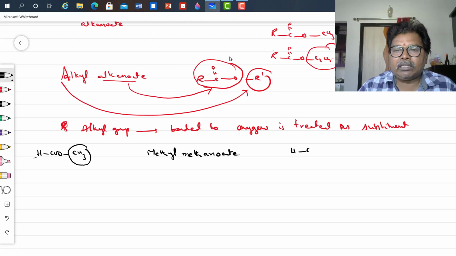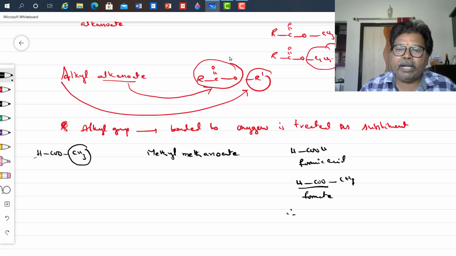Or HCOOH is formic acid. In formic acid, the hydrogen at oxygen is replaced by a methyl group. So this is called the formate group. Therefore, its name is methyl formate.